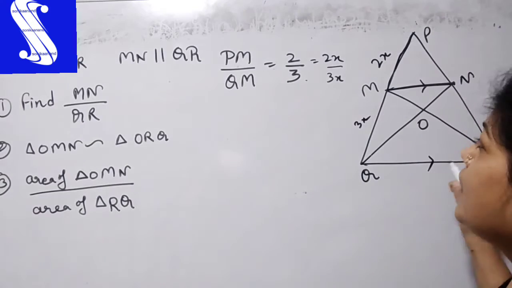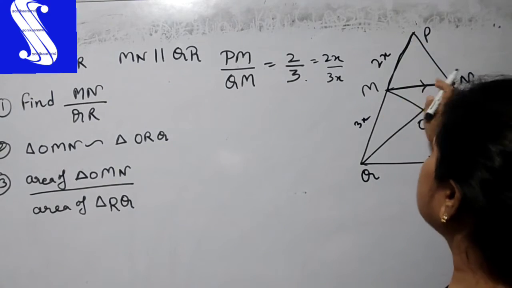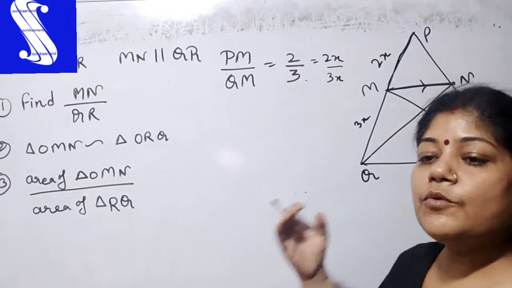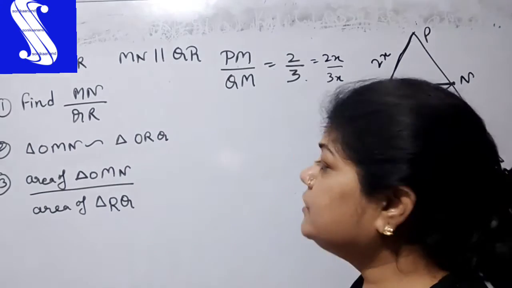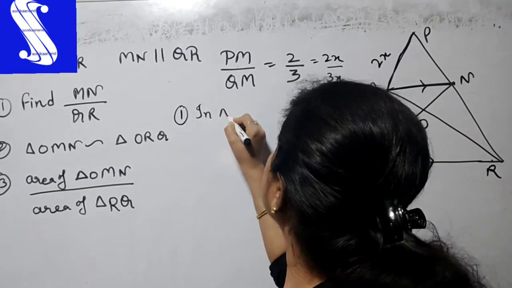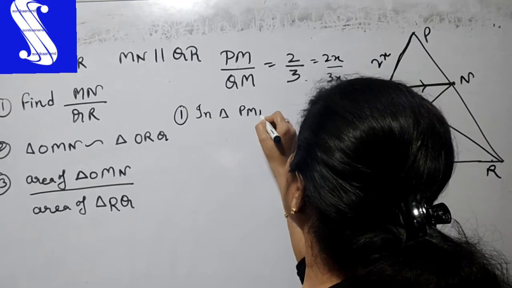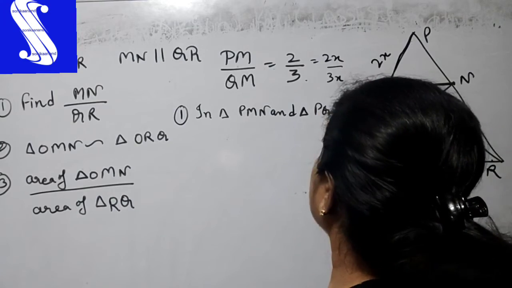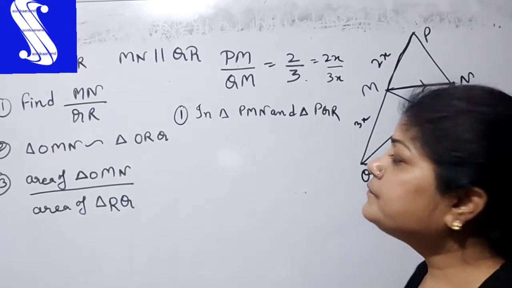Now if we consider the smaller triangle PMN and the bigger triangle, we can prove that they are similar to each other. So first step, in triangle PMN and triangle PQR. Okay.